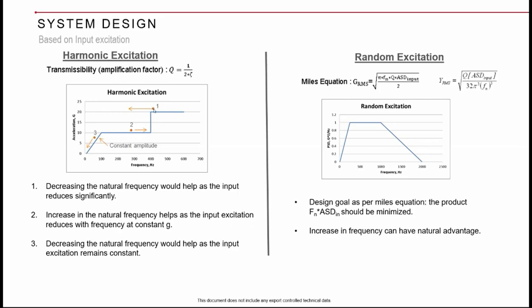If my natural frequency is here and the response is so high that I am unable to pass the requirements, now I see that there is a sudden change in the excitation levels towards the left. So this indicates that if I reduce my natural frequency of the system by any means, that will actually help me in reducing the excitation levels, and thereby the system response, and it will meet the requirements.